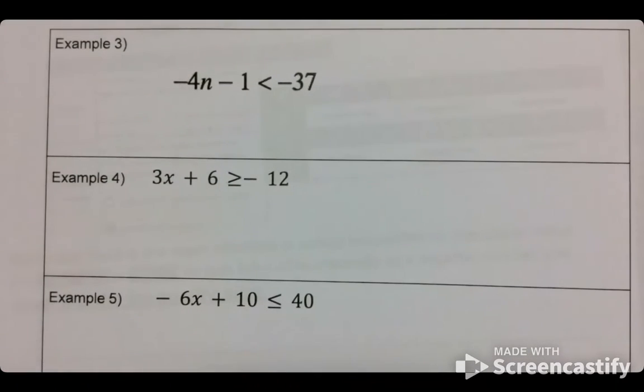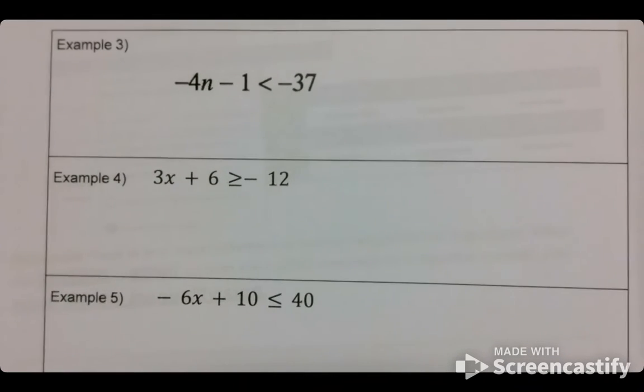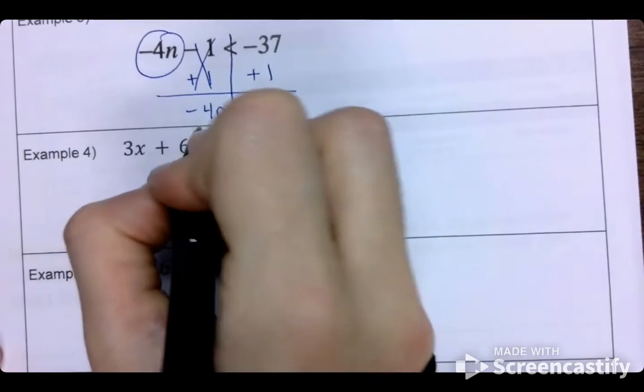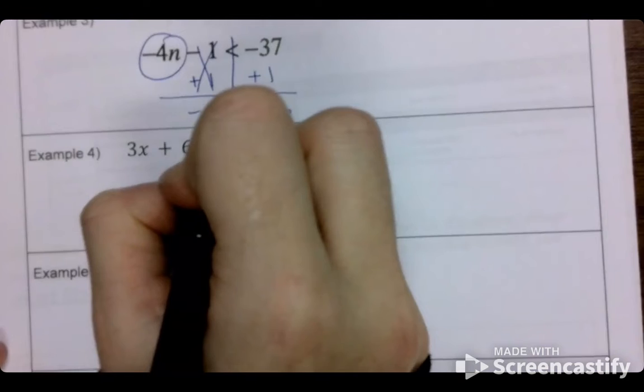All right. So now, here is where it gets different. So again, you're going to start by solving it the same. We are going to add 1 on both sides. That goes away. I got my negative 4n. And then this is negative 36. Here is where things change.